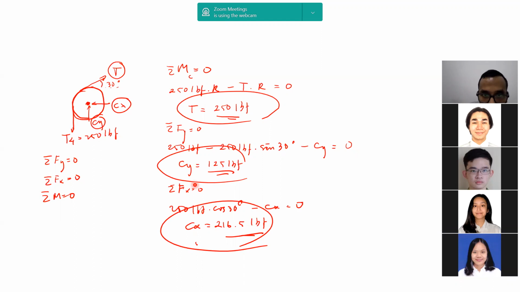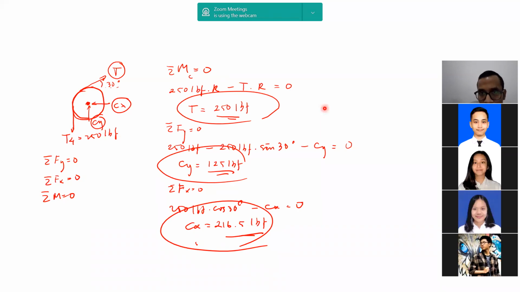Okay. Hazel Herlambang, apakah dimengerti Hazel? Mengerti, Pak. Oke, sip. Raffi tadi ya, udah ya. Derin, apakah dimengerti Derin? Mengerti, Pak. Sip. Okay.